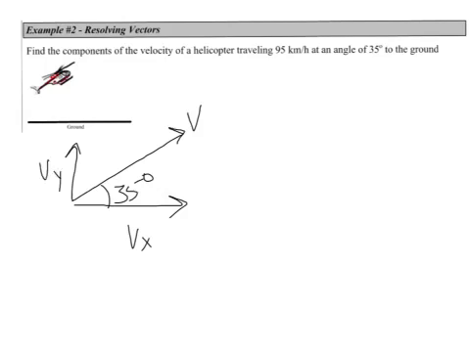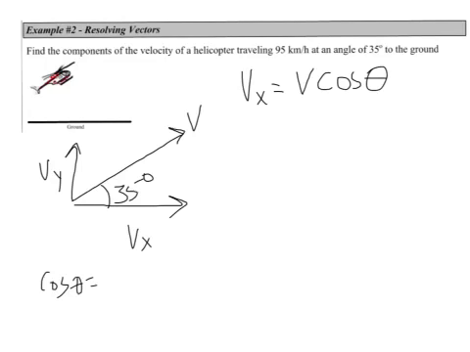We want to know what those components are. So Vx is going to be equal to the resultant velocity times the cosine of the angle. Okay, take a minute and pause to make sure you realize where I get that from.